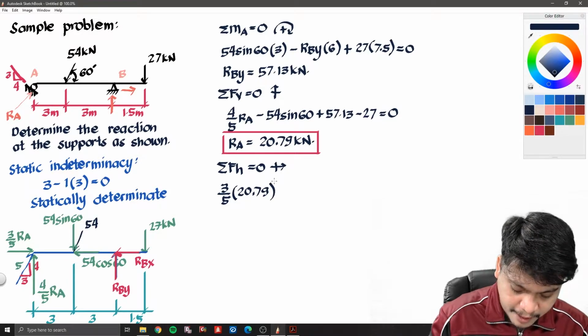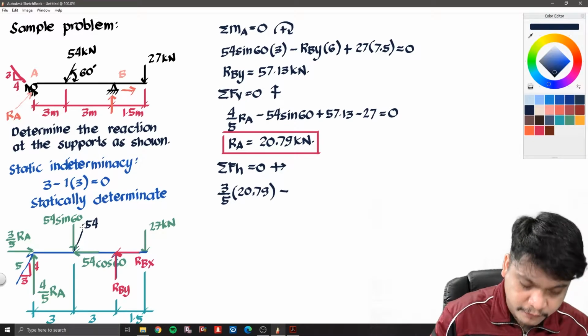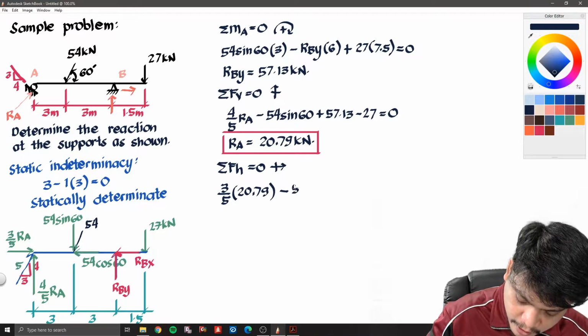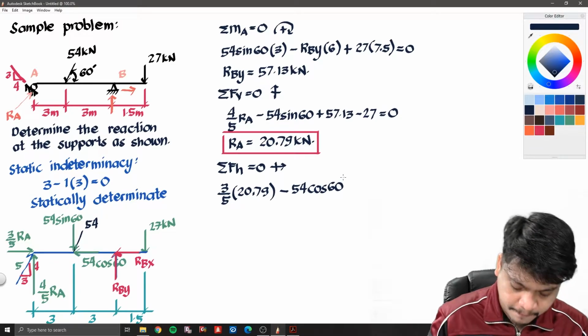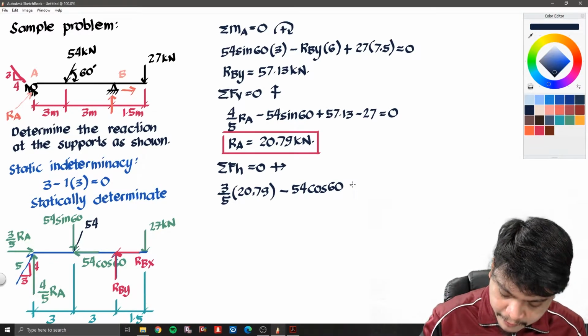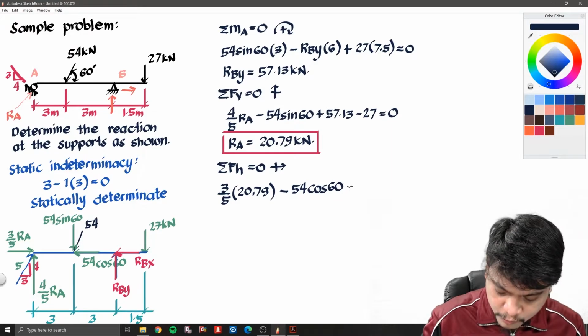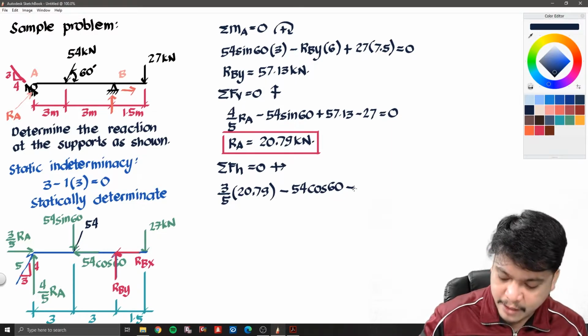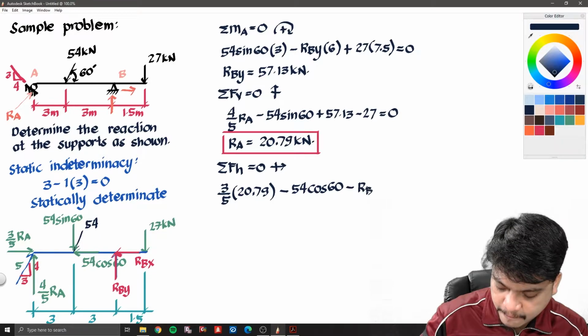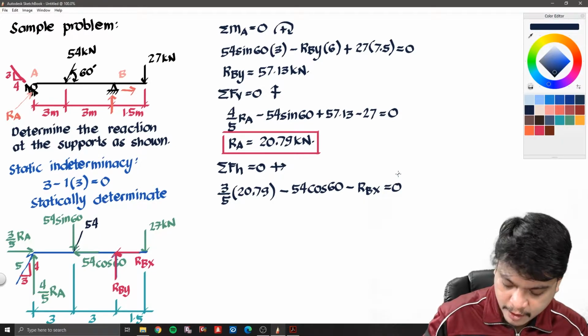Okay? And then, minus the horizontal component of the load, 54. So, minus 54 cosine of 60. Okay, and then I will now have also, my assumption would be minus yung RBX ko, so to the left, so that would become equal to 0.